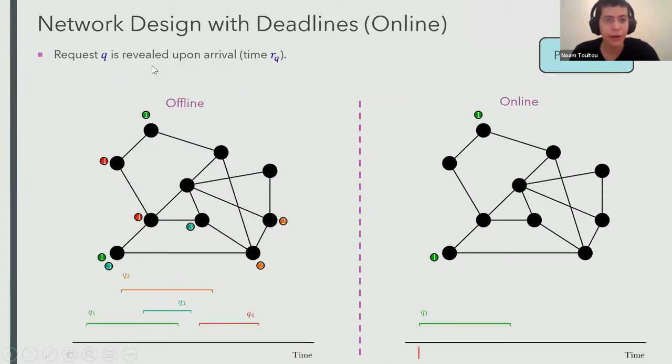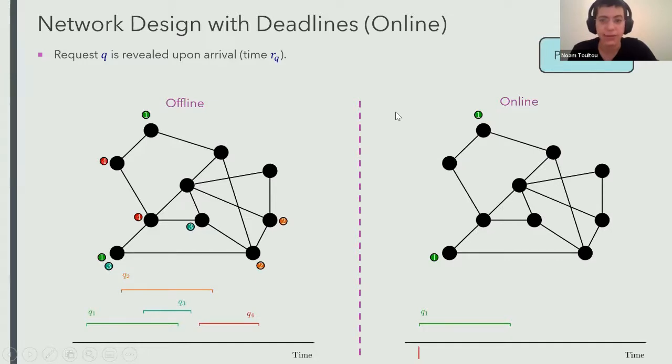The fourth type of problem is simply the previous type of problem, so network design with deadlines in the online setting. So here on the left, you can see the offline input. And on the right, you see the input as it is being revealed to the algorithm, and it is being revealed over time. As time advances, more requests are revealed to the algorithm, and at every point in time, the algorithm may choose to either transmit some set of elements, or to do nothing.